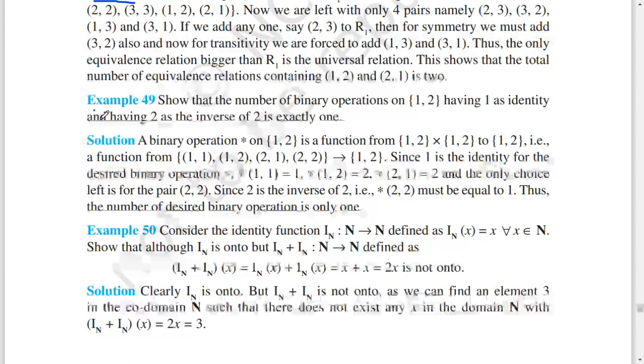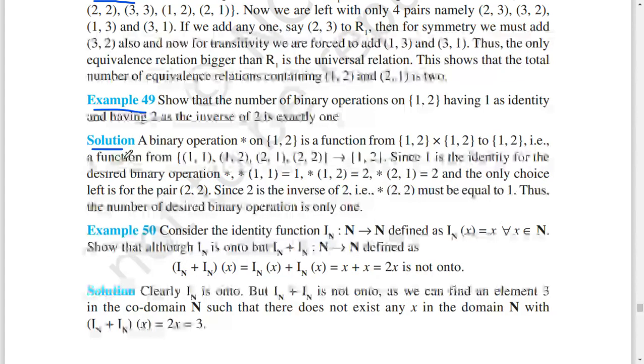Example 49. Show that the number of binary operations on {1, 2} having 1 as identity and having 2 as the inverse of 2 is exactly 1. Solution. A binary operation * on {1, 2} is a function from {1, 2} × {1, 2} to {1, 2}.